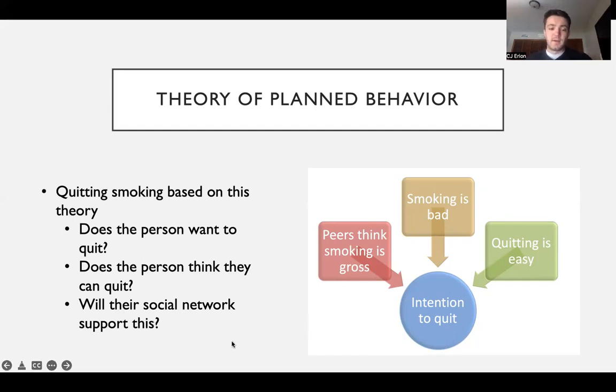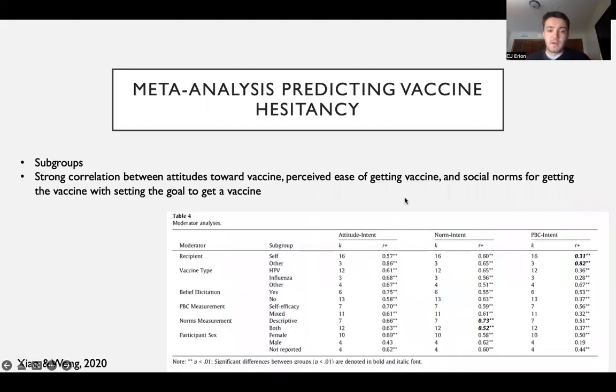And finally, this is also based on the theory of planned behavior dependent on social networks. If peers are supportive of smoking and also are smoking themselves, it would be less likely to have this intention to quit, versus if peers are supportive of quitting, then that intention will be higher. An application of this is a meta-analysis, a compilation of a bunch of studies, predicting vaccine hesitancy.